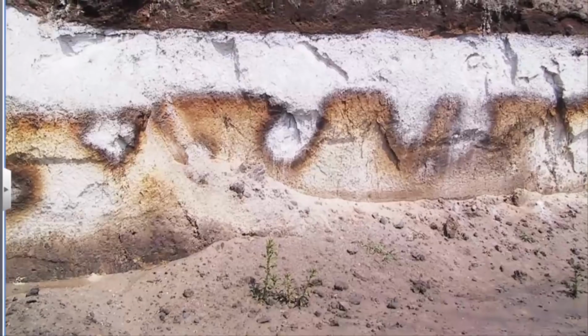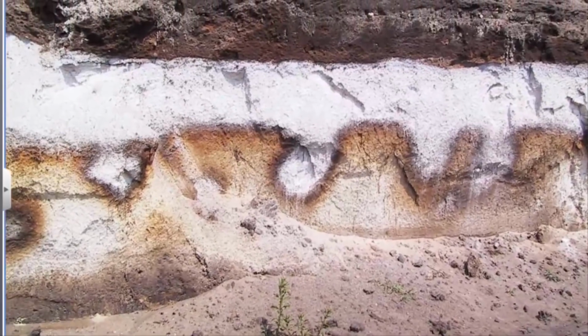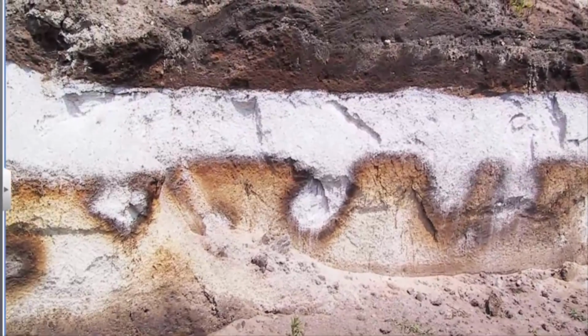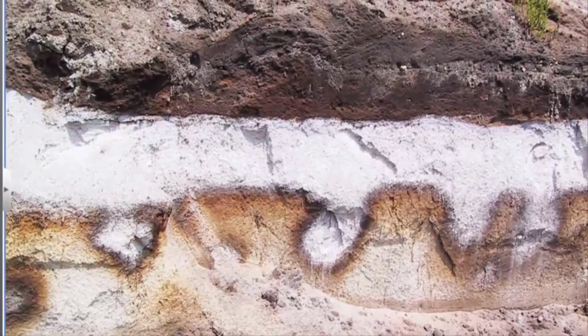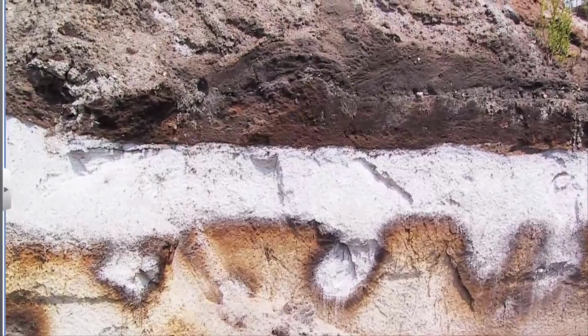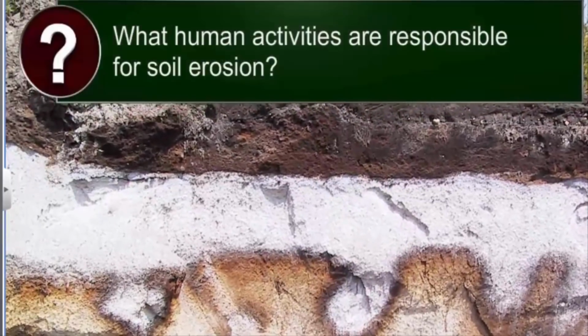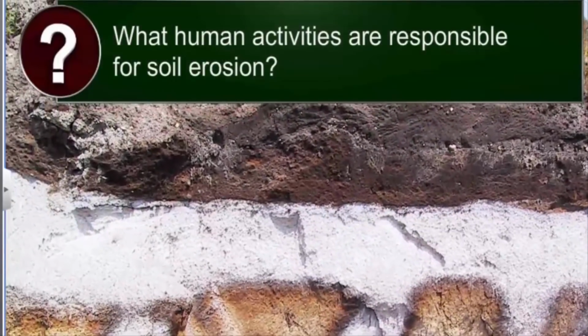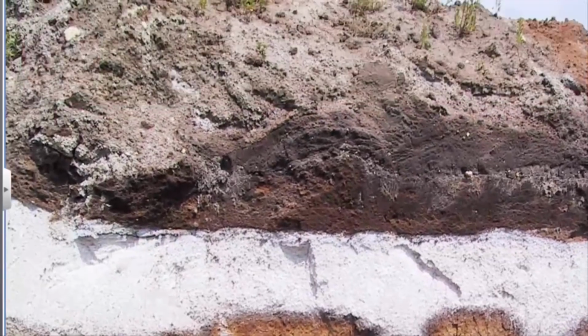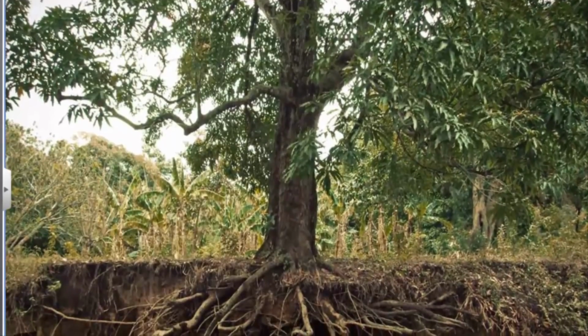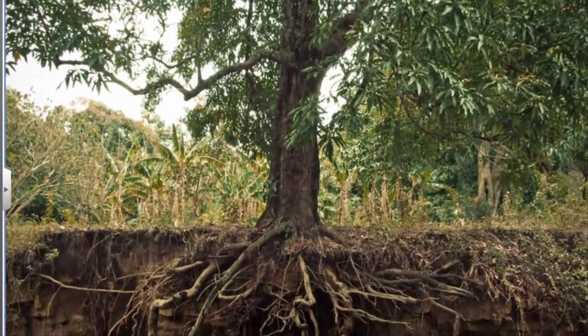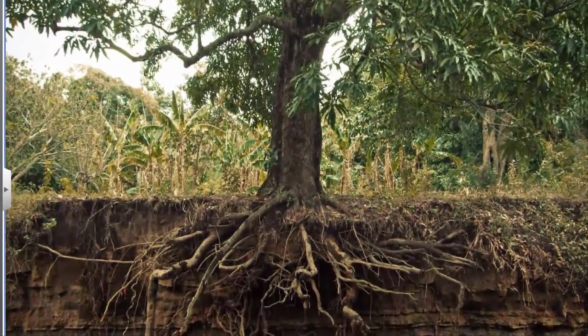Some human activities have increased the rate of soil erosion by natural agents like wind and running water. What human activities do you think are responsible for soil erosion? The roots of plants and trees keep the soil moist and hold the soil particles together.